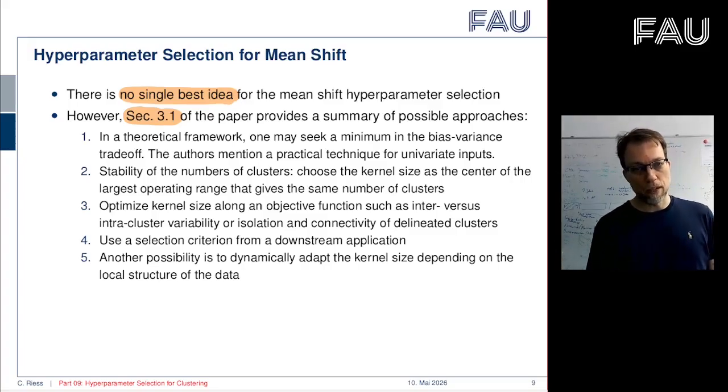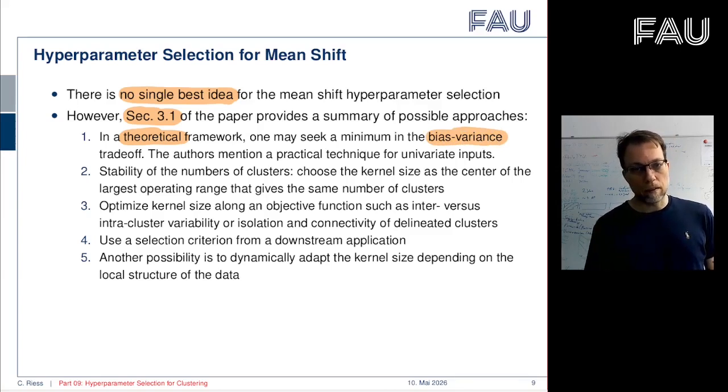So the first possibility is more of a theoretical concept. You can say the best hyperparameter, the best kernel size, is the one that optimizes the bias variance trade-off.